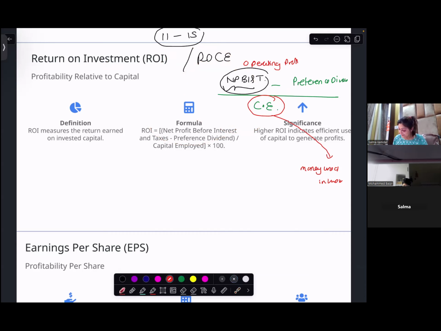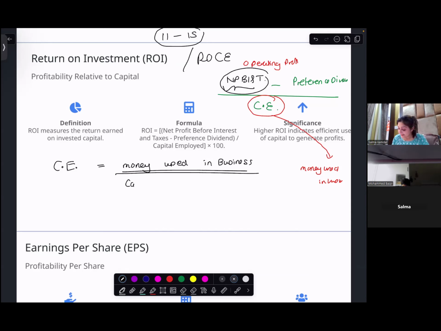What is capital employed? Capital employed is your money that you're using in business, or you would say this is your investment. What is the money that you're using in the business?